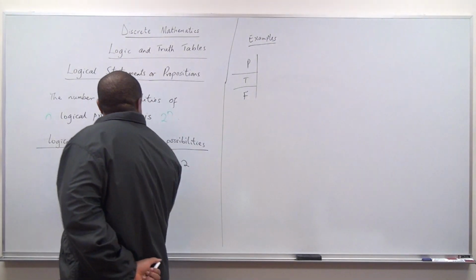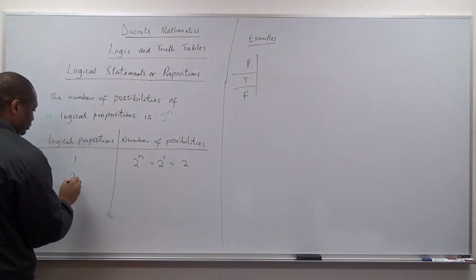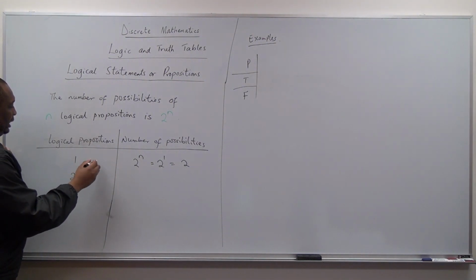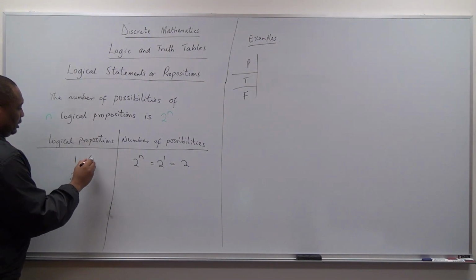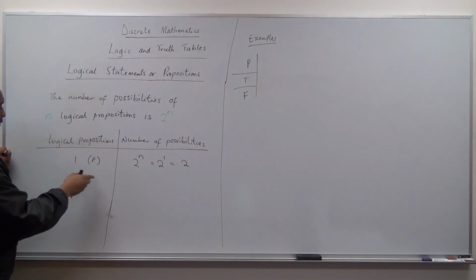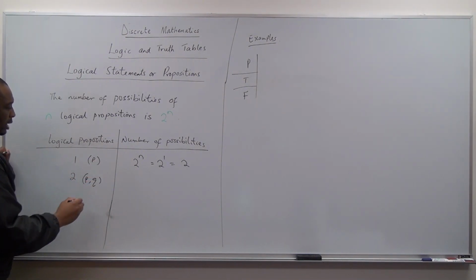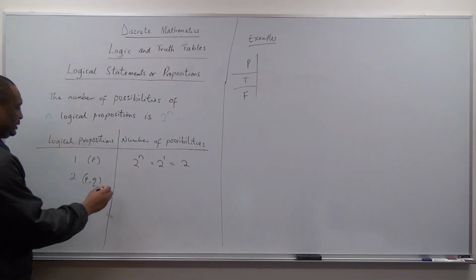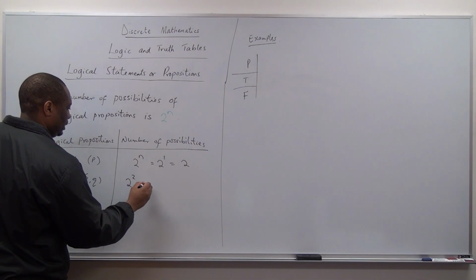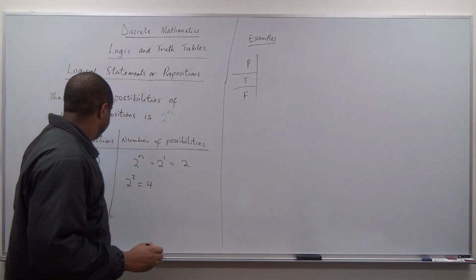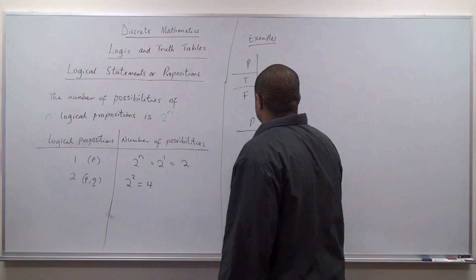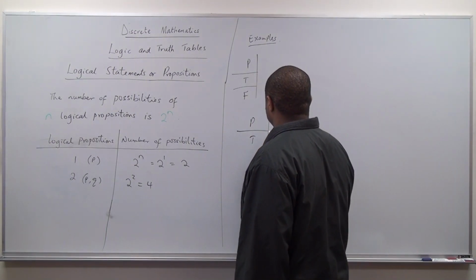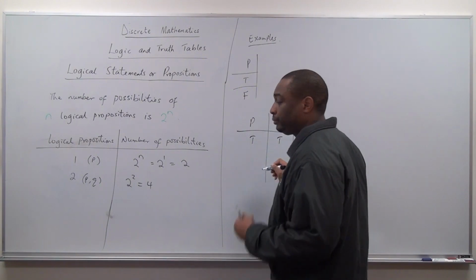Now, what if we have two propositions? If we have only one proposition, then it's P. If you have two propositions, then it's P and Q. So the number of possibilities here is 2 raised to power 2, which is 4, right? So when we have two propositions, we can have when P is true and Q is true.